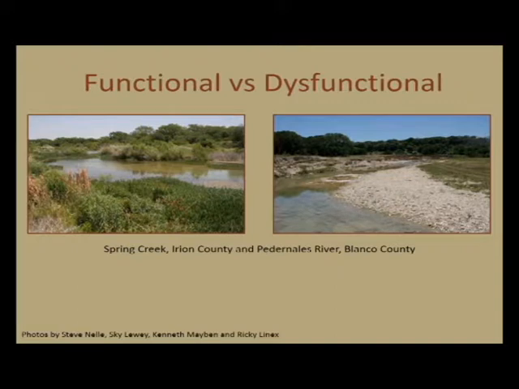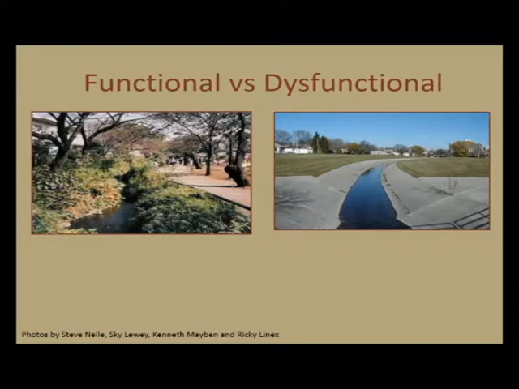By now, you're probably beginning to see some of the things that constitute the difference between functional and dysfunctional riparian conditions. That same seeing can help decipher the presence of functional and dysfunctional riparian condition even in urban settings.